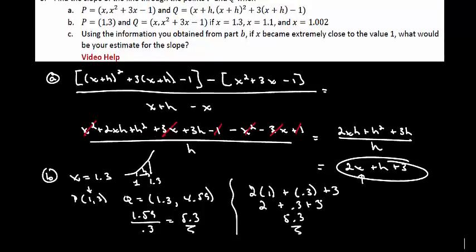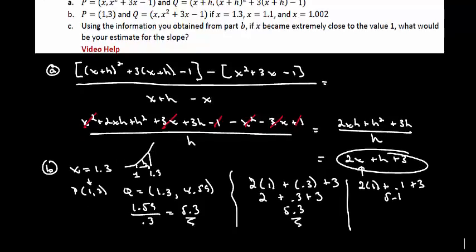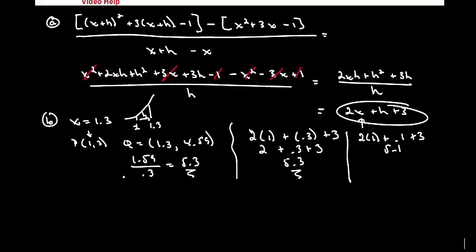So I can go ahead and do 1.1. The difference is 0.1. The h value is 0.1. The x value stays the same, so I get 2 times 1 plus 0.1 plus 3, which is 5.1. Now watch, I'm going to get the same exact value if I do it out using the slope.